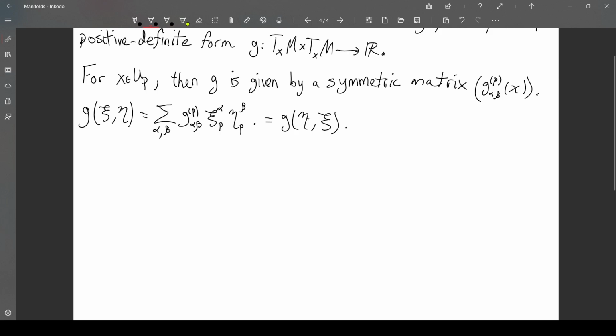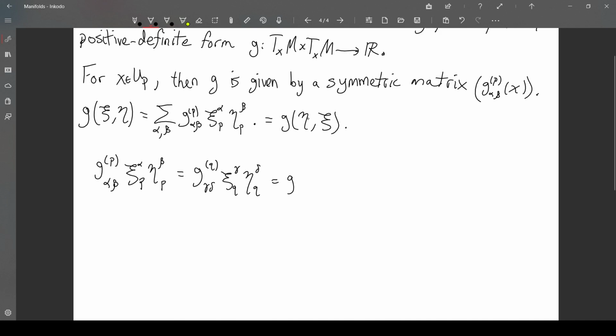So if we compute the product using coordinates in P, and we compute the product using coordinates in Q, these should be the same result. But we know how to relate these vectors. We know the transformation rule for vectors.